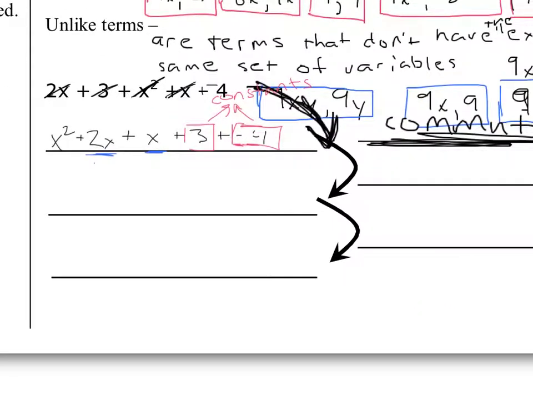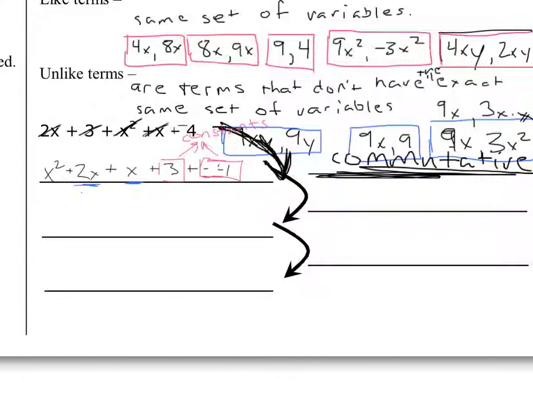The next thing that we're going to do when we're going to combine these like terms is to use the associative property. And I'm going to use the associative property because I want to group my like terms next to each other. I want to add my like terms.